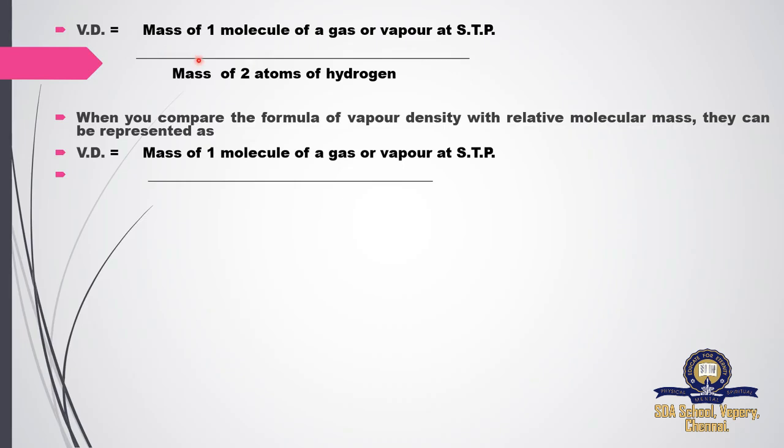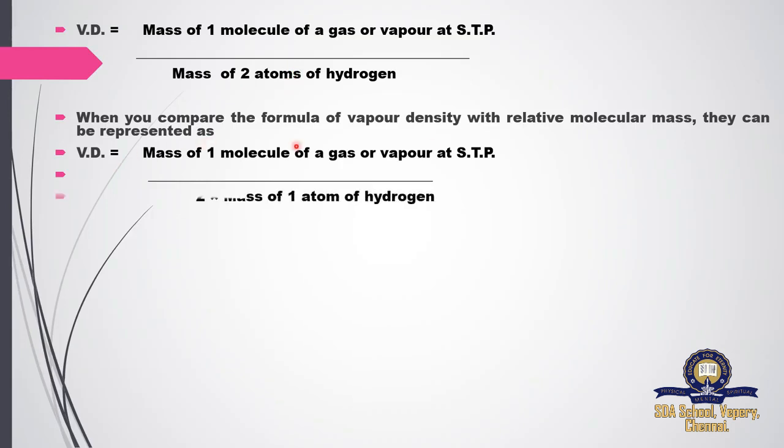There they gave a molecule. Here we are representing atoms. In a molecule of hydrogen, we have two hydrogen atoms. That's why it is the mass of two atoms of hydrogen. A molecule is equal to 2 atoms of hydrogen. No change here. Only the molecule has been converted to atoms.